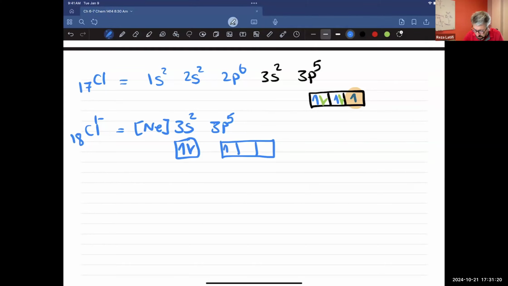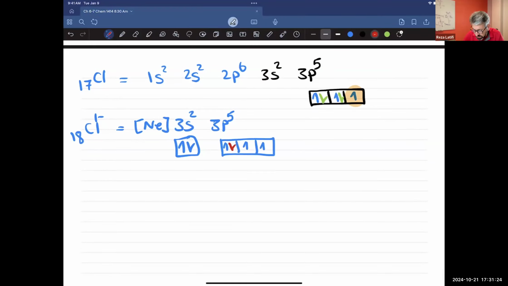We said we go up, up, up, and then down, down. That's neutral chlorine. But because we added 1, that means we have 6 of them. So I need to add 1 electron there. You add the electron to the first available orbital, whether it's half occupied, partially occupied, or completely empty.